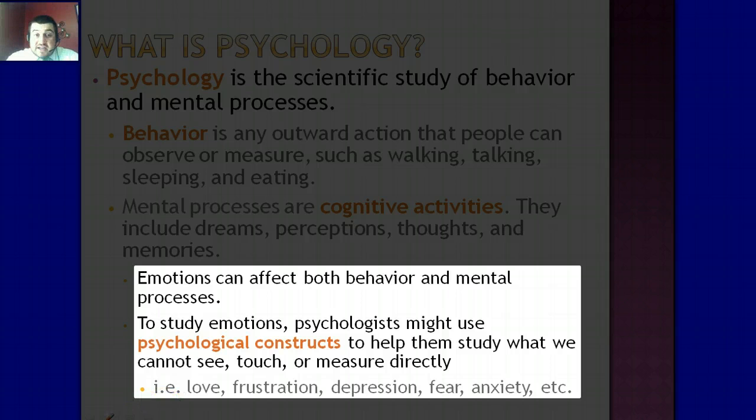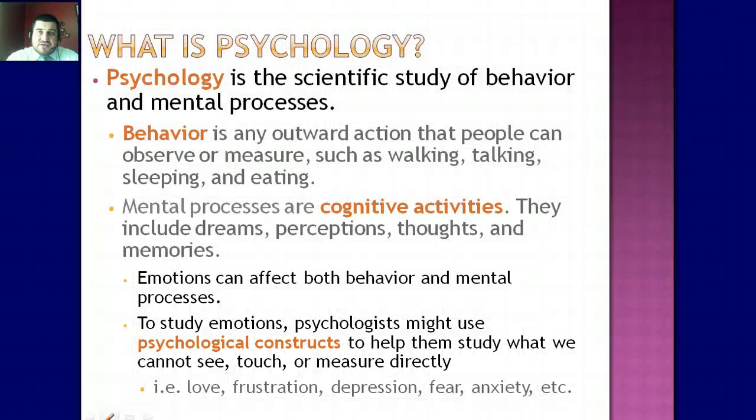But when studying emotions, psychologists come up with what we've called psychological constructs, and we've done this throughout history. Like, what is the feeling that you get when you think of love, frustration, anger? These are all words that we use to describe certain feelings and emotions that we have as humans.